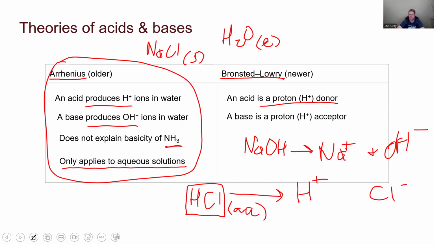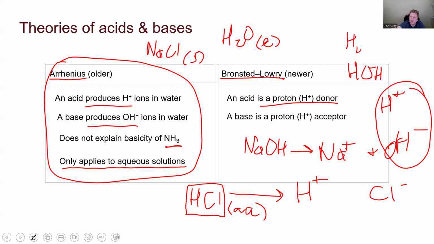Now, this is a base because this OH- is going to take on a proton. If you have H+ and OH-, and those two things come together, you've got HOH, or simply put, H2O. So that would be a base.